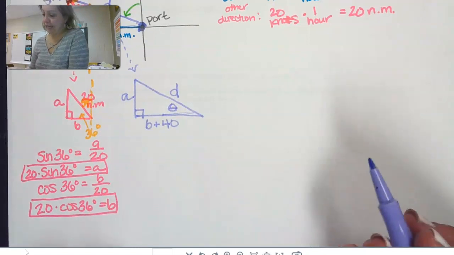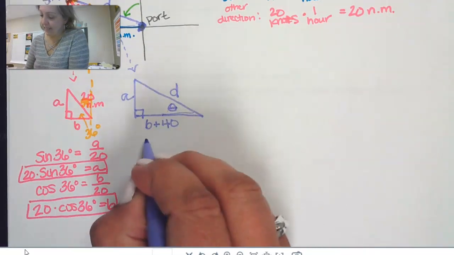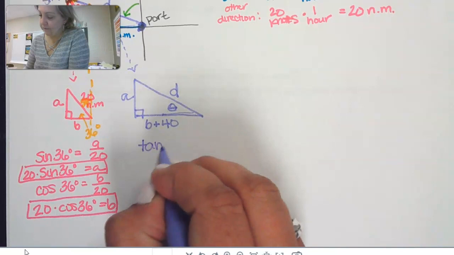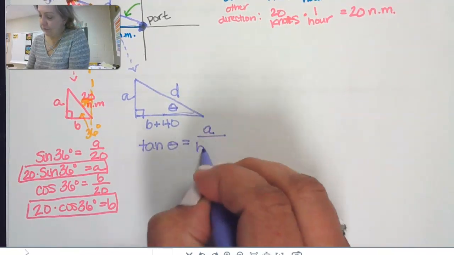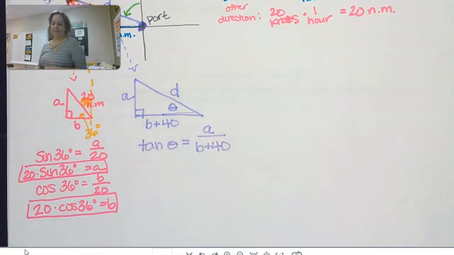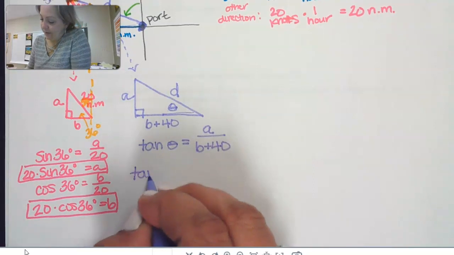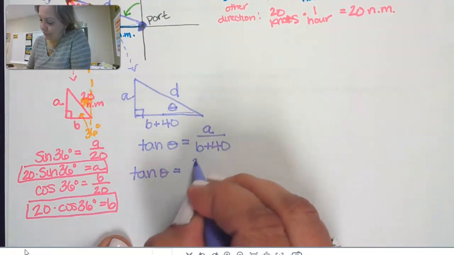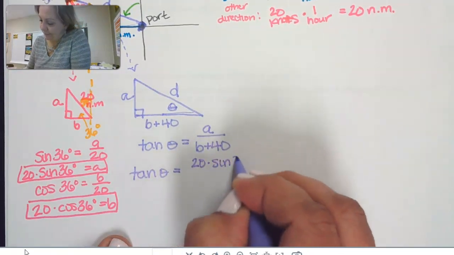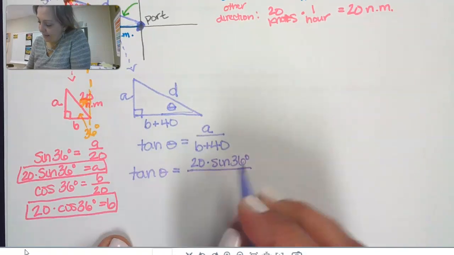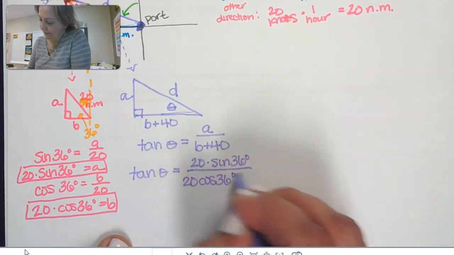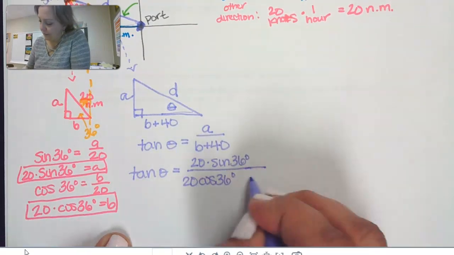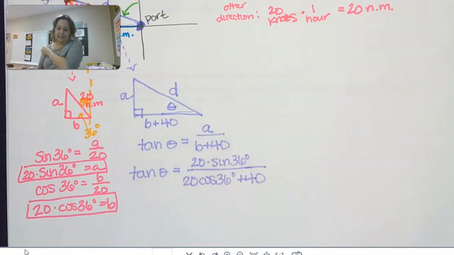So I could say the tangent of theta equals A over B plus 40. And I know A and B. A is 20 times the sine of 36 degrees, and B is 20 times the cosine of 36 degrees, so then I can add 40 to that.